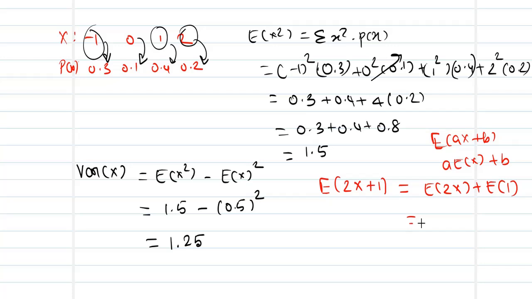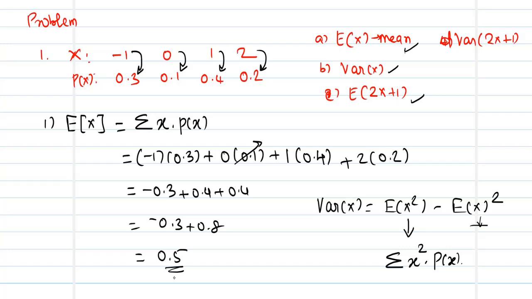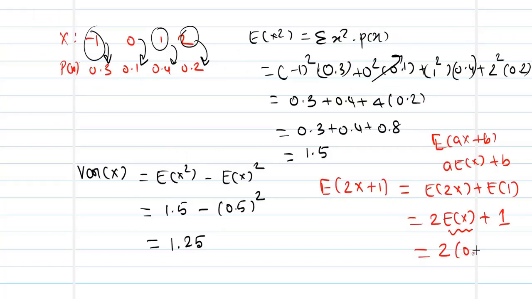So what is E of 2x? 2 times E of x, plus E of 1 is 1. So equal to 2 times, what is going to be E of x? E of x was already estimated in our prior stage. E of x was estimated as 0.5. Just merely substitute this. This is going to be 2 into 0.5 plus 1. 2 into 0.5 is going to be 1. 1 plus 1 makes this 2. So E of 2x plus 1 is going to be equal to 2.